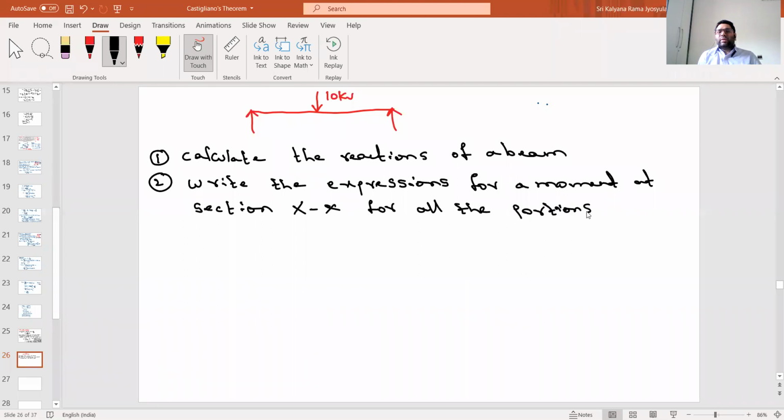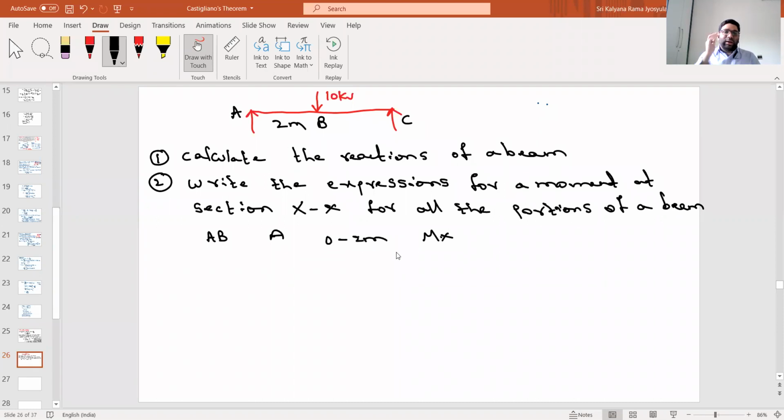What are the portions? This is A, this is B, this is C. Now we know our traditional method, isn't it? Take a portion, take the origin as A, then limits 0 to 2 meters, the moment at section X, Mx. So this is what we are going to write now.